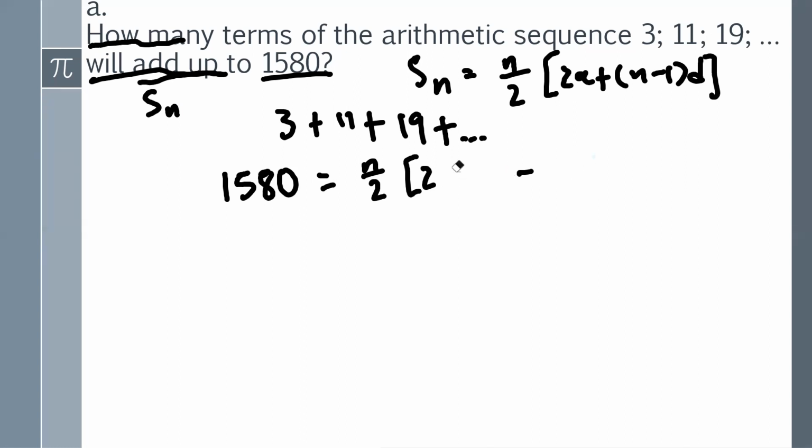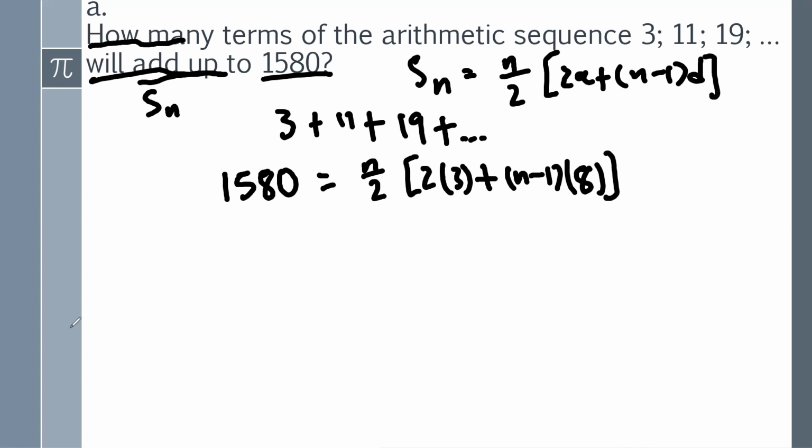And a, so let me just do my substitution. A is 3, as you can see, and we do not know what n is. That is what we are solving for. And it is quite obvious that the difference here is 8. Take note, you don't say 3 minus 11, but you say 11 minus 3.